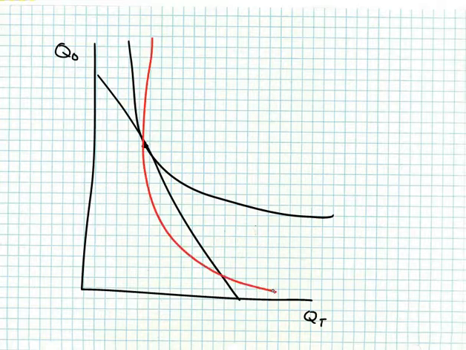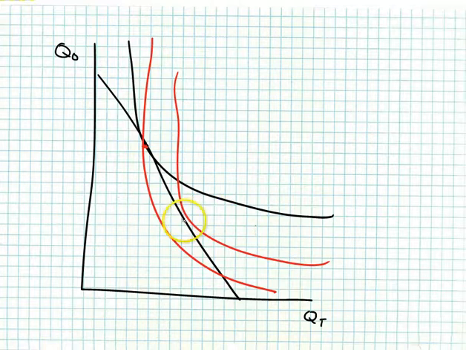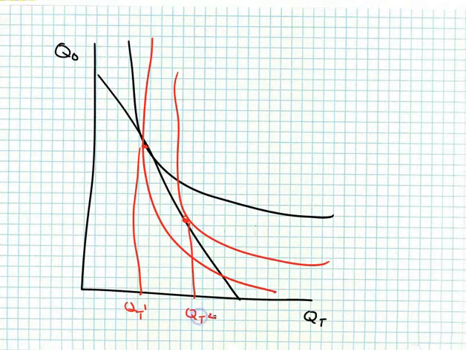We have a new set of preferences that crosses at that point of tangency. And we find the new equilibrium. So we've increased from Q toy 1 to Q toy 2.